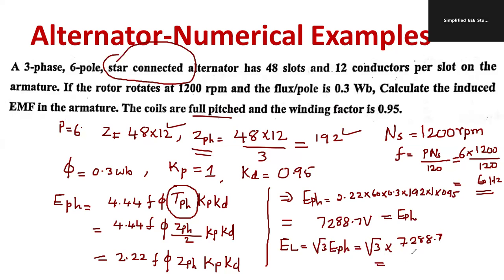Please calculate. 12624 volt. This is my value of EL. This is the line voltage that comes across the stator winding, which is kept in the outer part of the alternator.